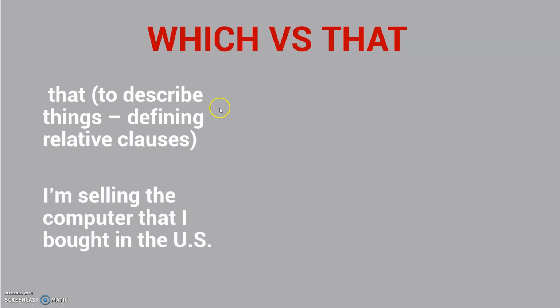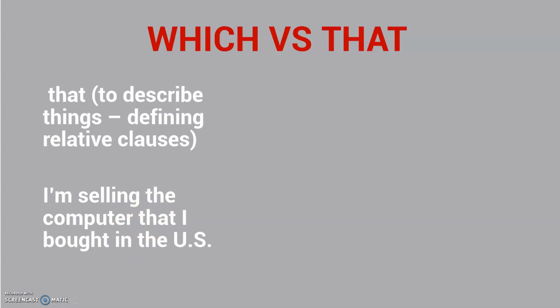For example, I'm selling the computer that I bought in the US. If I say only I'm selling the computer, that doesn't make sense. I need more information. So I use that. I'm selling the computer that I bought in the US.